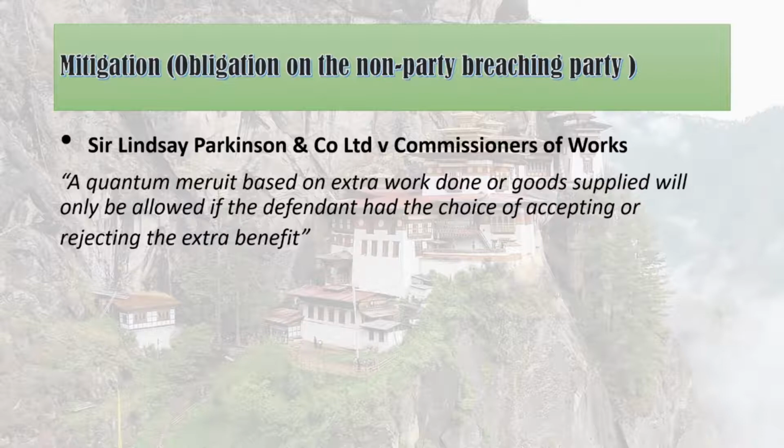The contractor claimed for extra profit on the basis of quantum meruit. The court allowed their claim, stating that express provisions concerning the maximum profit only apply to works worth about 5 million. The court said that quantum meruit based on extra work or goods supplied will only be allowed if the defendant had the choice of accepting or rejecting the extra benefit.